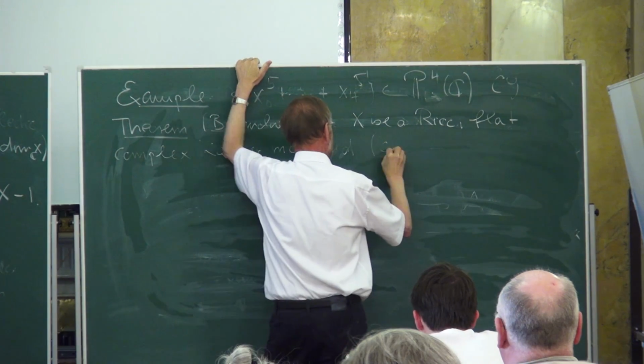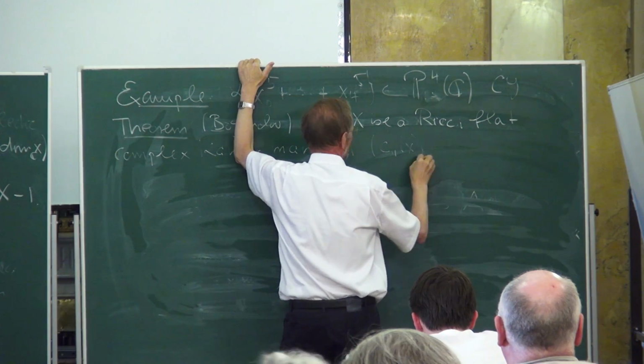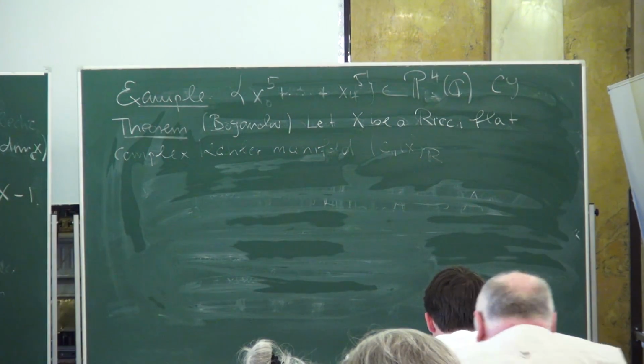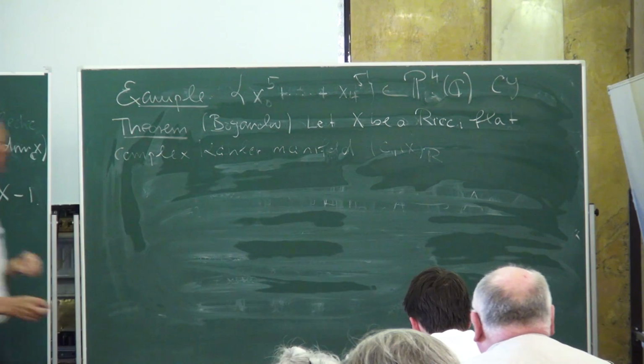So Ricci flat means that the first Chern class, interpreted as a real Chern class, so in H2 with real coefficients, is 0.